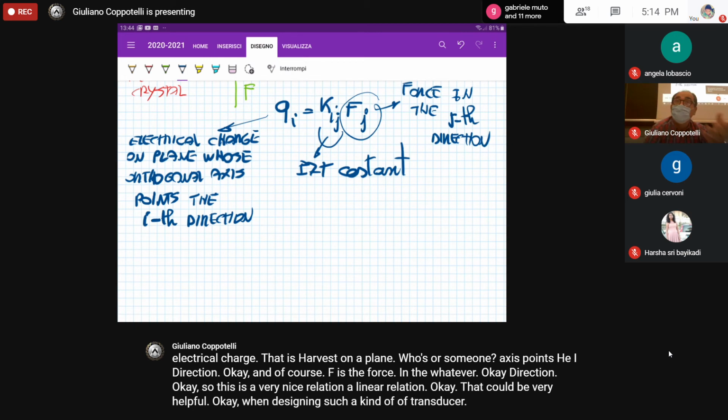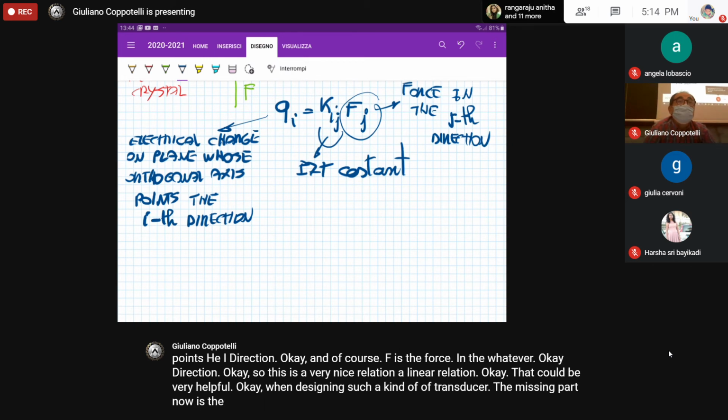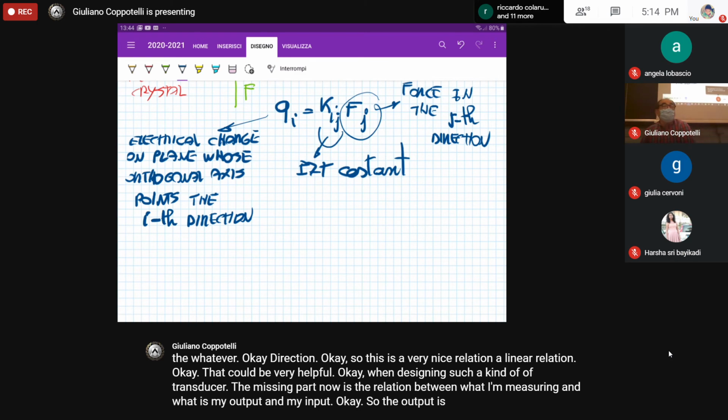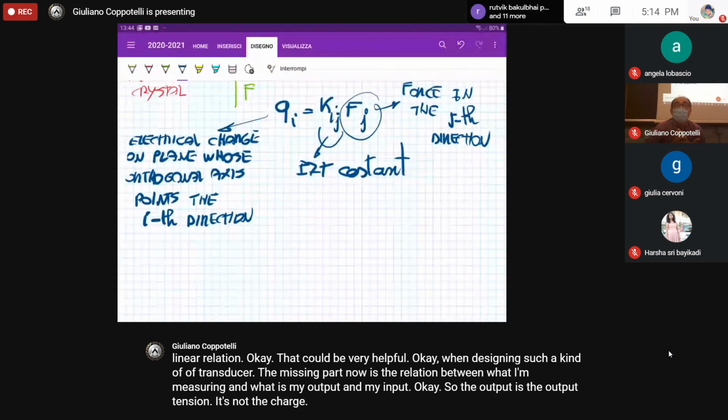The missing part now is the relation between what I'm measuring and what is my output and my input. So the output is the output tension, not the charge, whereas the input could be the force or whatever displacement.